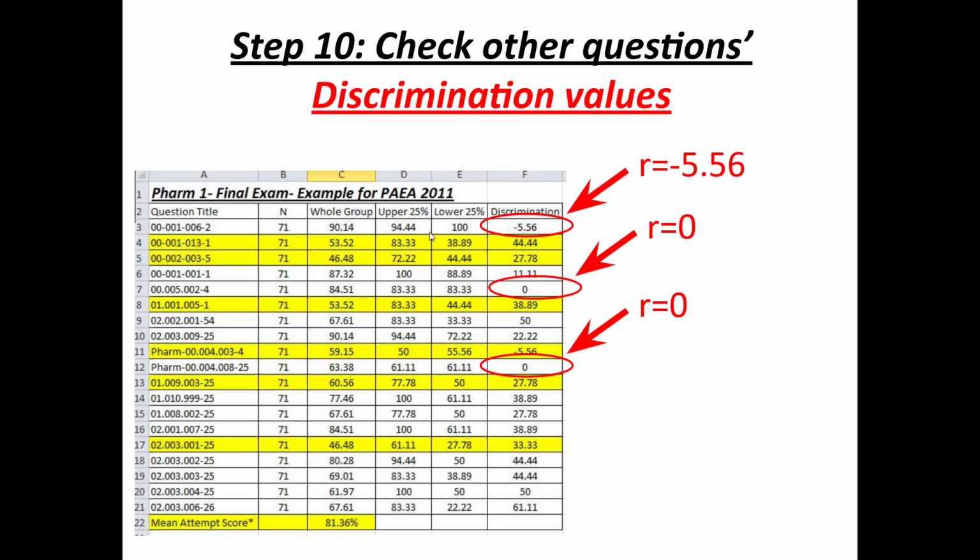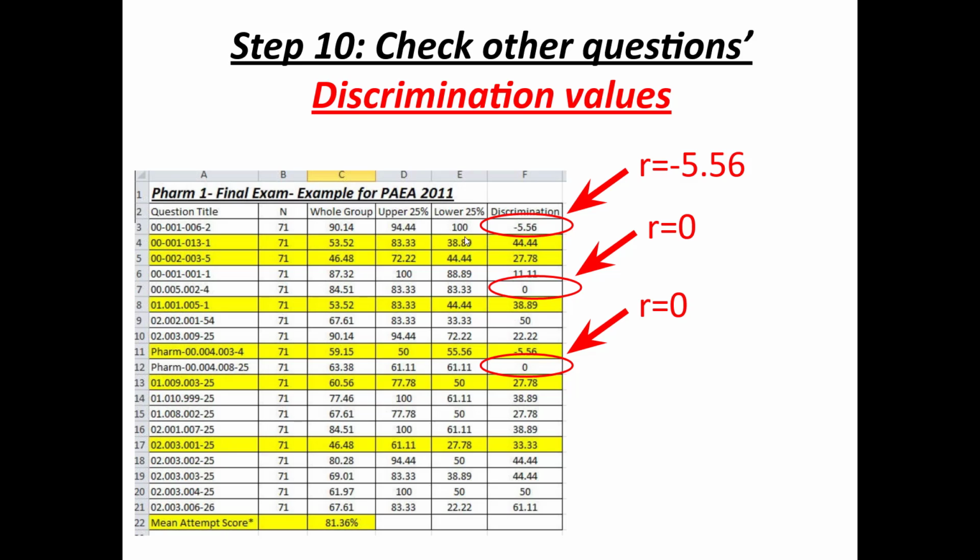So here's some more. The last thing I like to do, once I have explained and decided all of the highlighted ones, the questions with difficulty less than 60% if they had 5 distractors, is go back and look at the discriminators for the other questions.